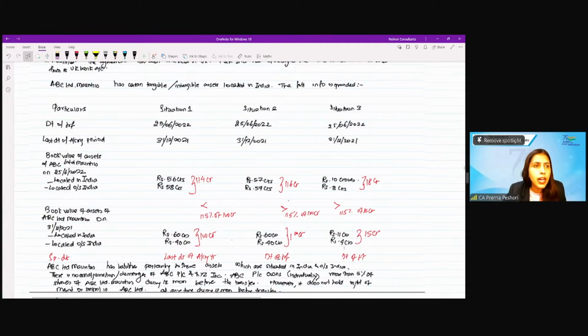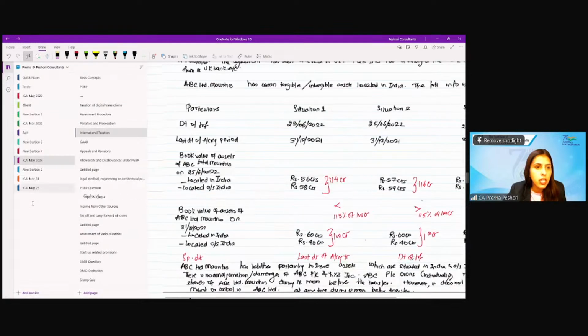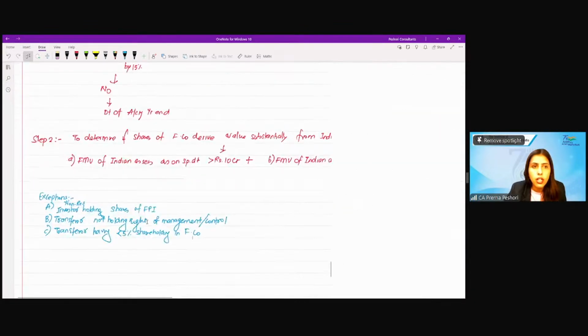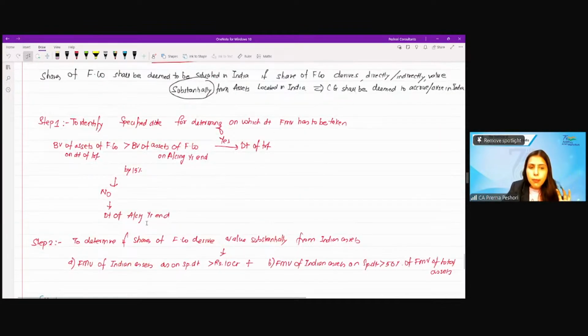If you remember, in the last session, what we were discussing was that to determine if the shares of the foreign company derive the value substantially from Indian assets, you have to check that the FMV of Indian assets is more than 10 crore as on the specified date. What is the specified date?